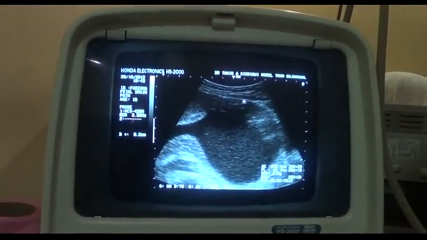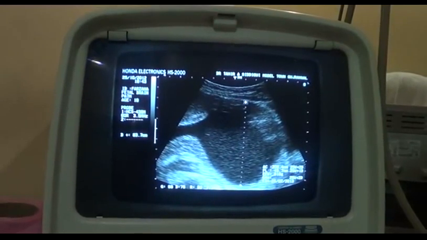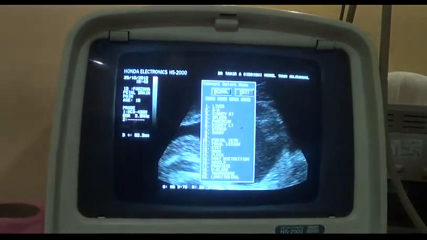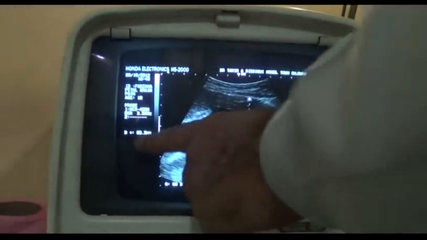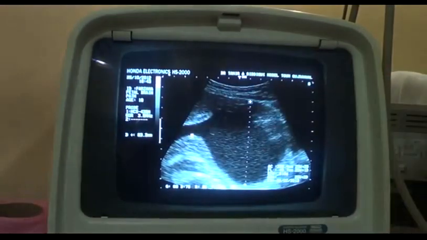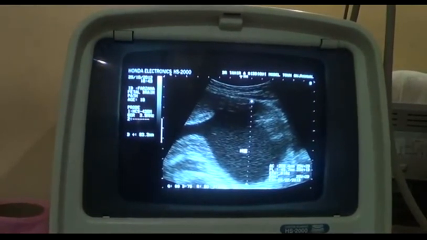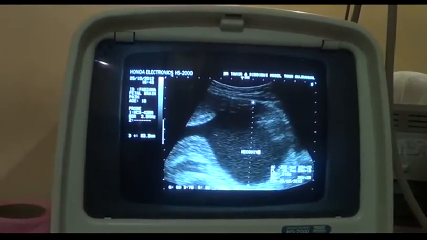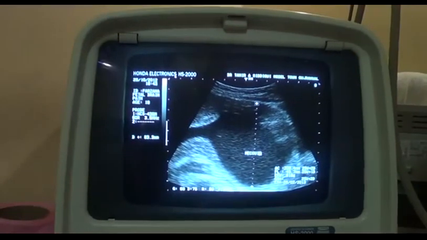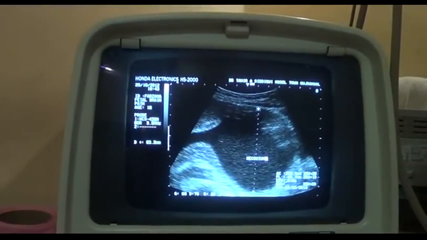What is the amniotic fluid pocket? Now the amniotic fluid pocket measures 8.3 centimeters, and this is the meconium, these debris, these low-level floating echoes.